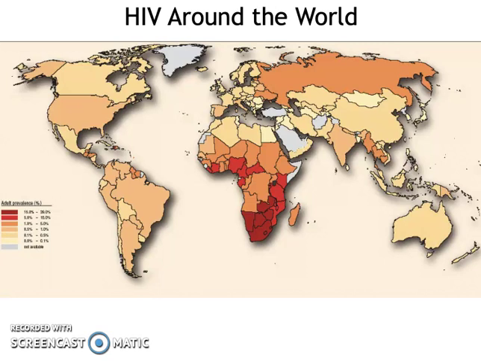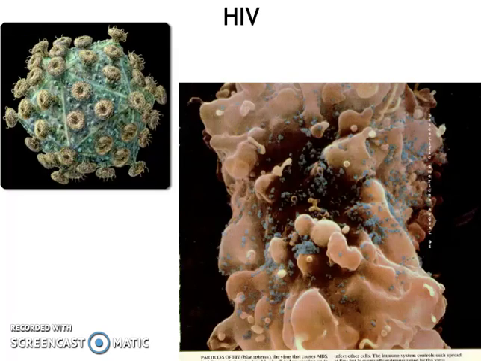HIV is a retrovirus. Retroviruses are viruses that start as RNA and then copy themselves into DNA. If you remember from the very first lecture in this class, typically DNA is copied into RNA and then that's copied into proteins.